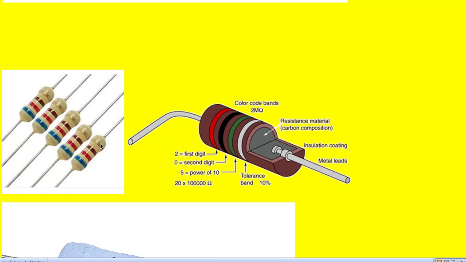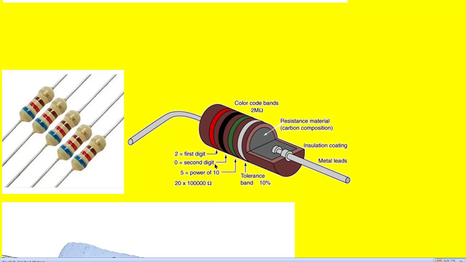If it is a silver band, the tolerance will be plus or minus 10%. If it is a gold band, the tolerance is plus or minus 5%. And you can see the carbon composition resistor. It is like this. This is the construction and this is the color code that is given.